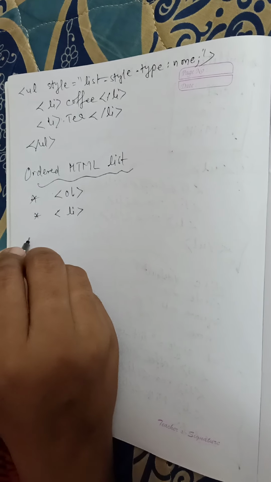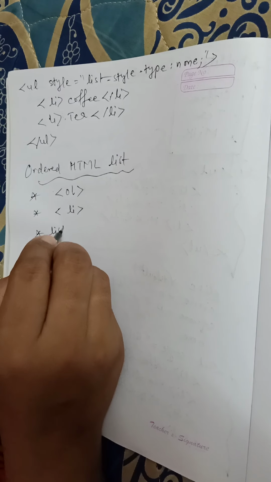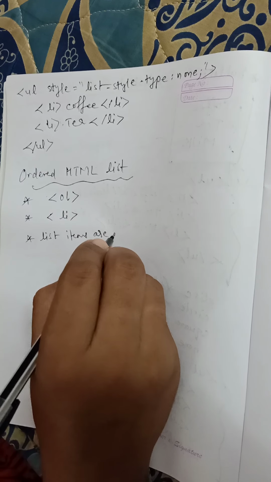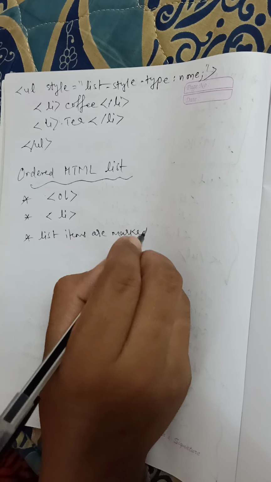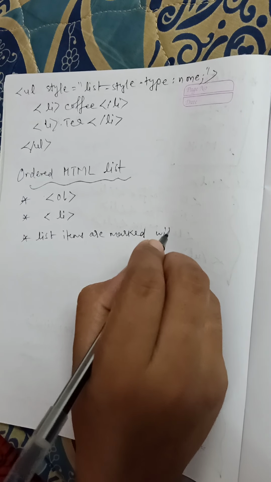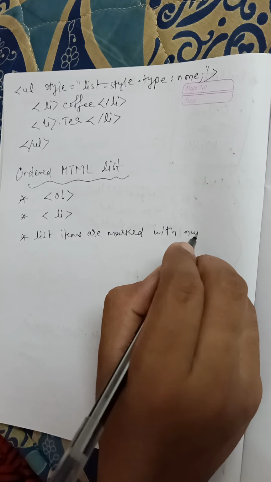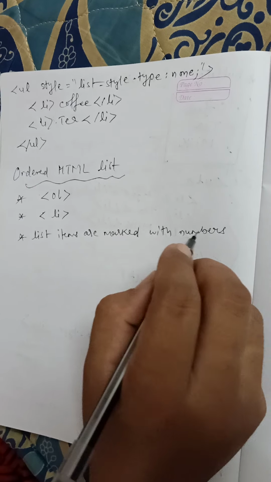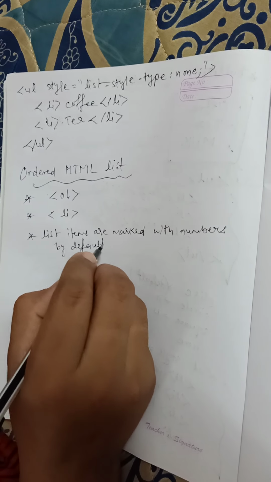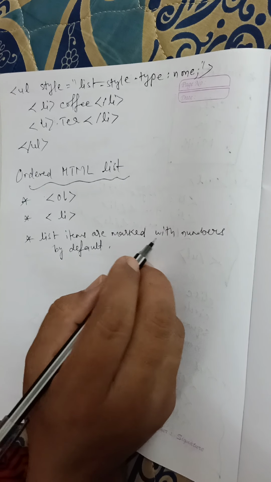Here the list items are marked, so some sort of marking is done. They are marked with numbers by default. So marking with number is the default thing.